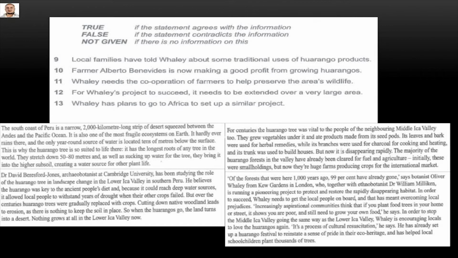Increasingly, aspirational communities think that if you plant food trees in your home or street, it shows you are poor and still need to grow your own food. He says in order to stop the Middle Acre Valley going the same way as the Lower Acre Valley, Wally is encouraging locals to love the Horangos again.